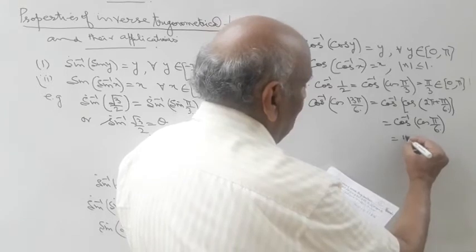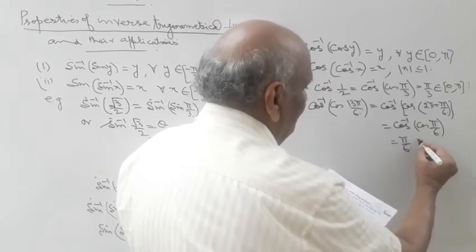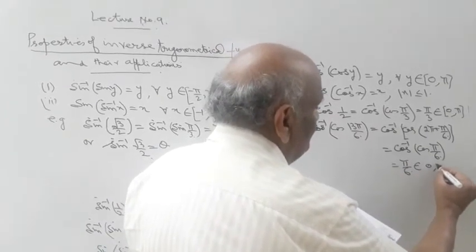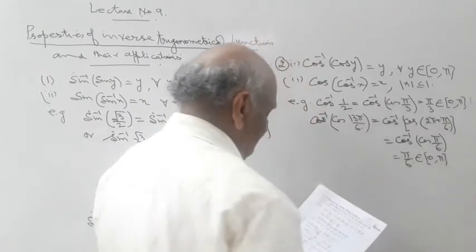This is just equal to pi by 6, a member of the principal value branch, belonging to 0 to pi.